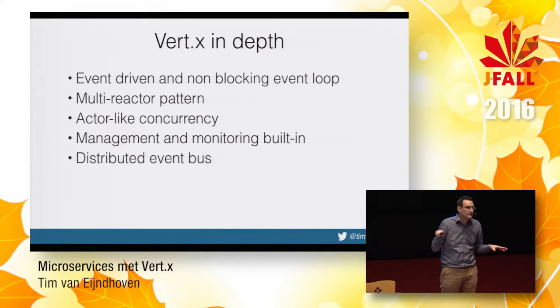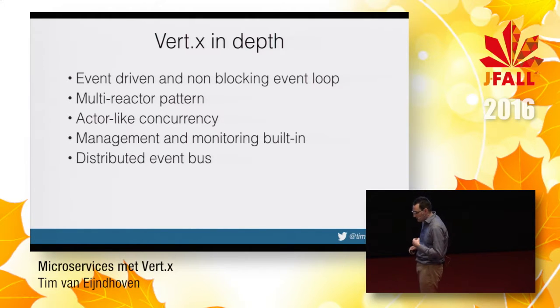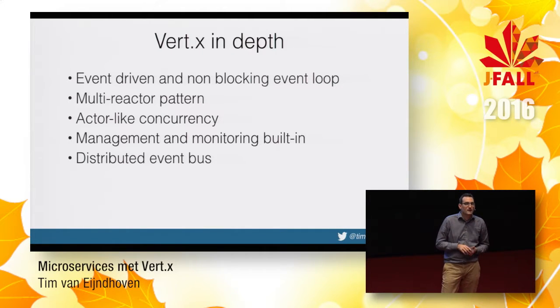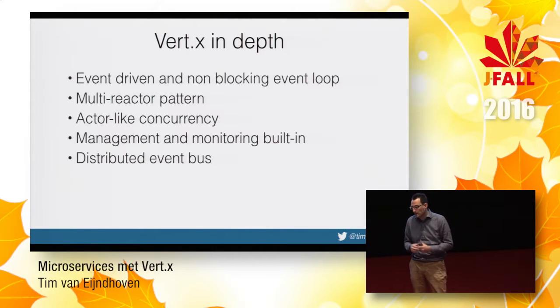And next to that, it has actor-like concurrency. What I mean with that is that Vert.x will ensure that your code, your verticle, will be executed in a concurrency-safe way. So it will only be run at the same time by one thread.